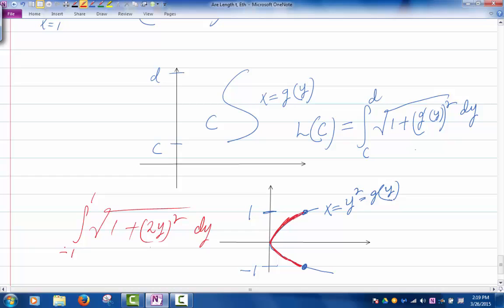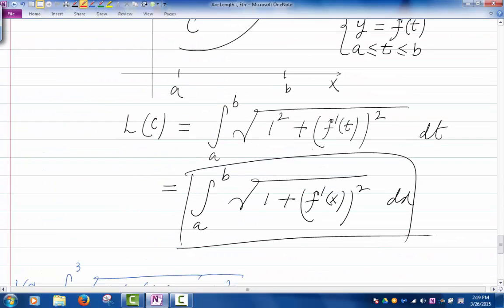So here, when I look at the length of c, you can rewrite it as the integral from c to d, root of 1 plus dx/dy squared, right? So you take the derivative of x with respect to y.